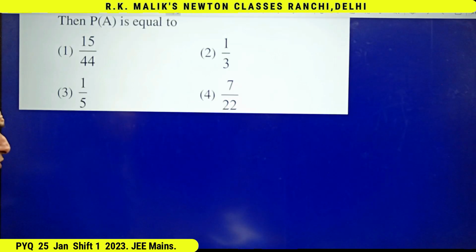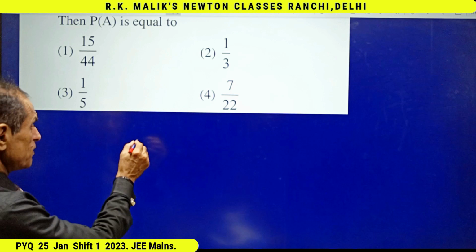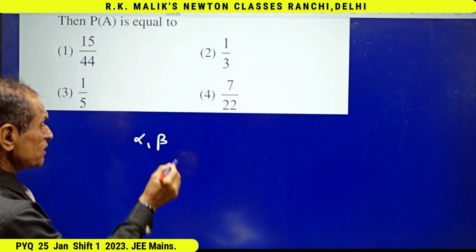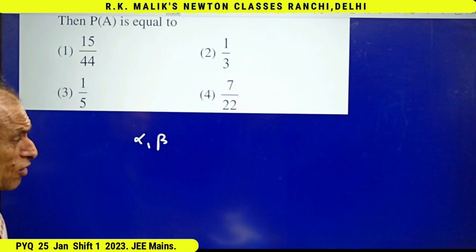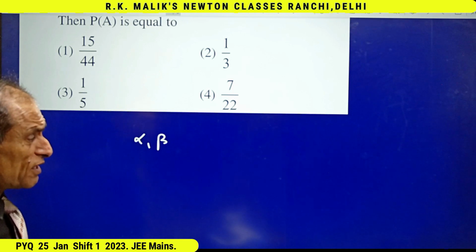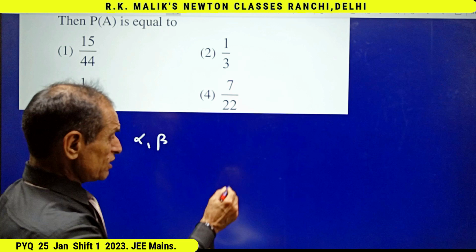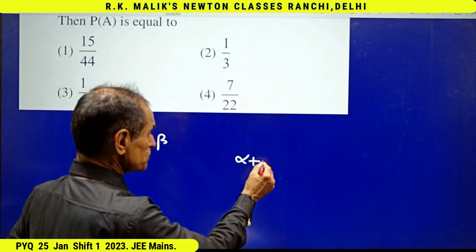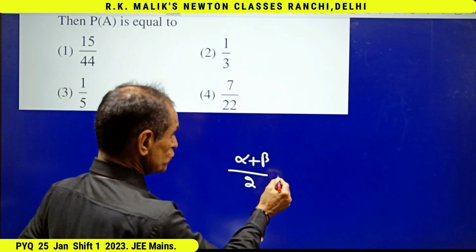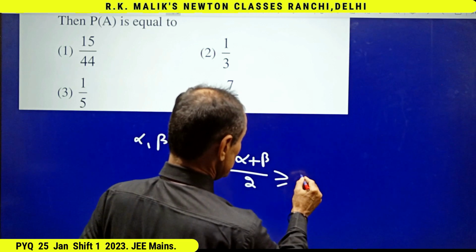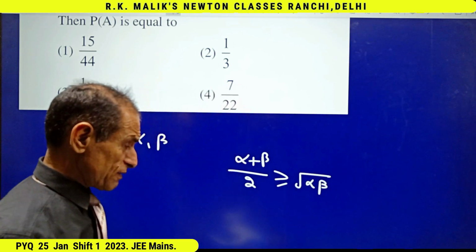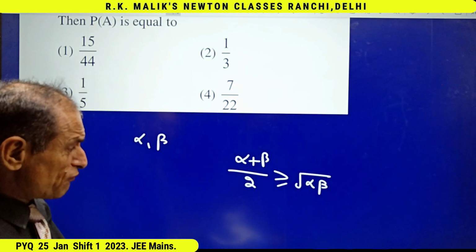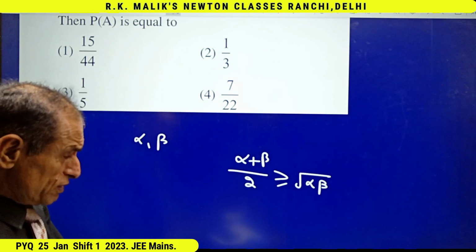You must know this concept that if alpha and beta are two positive numbers, then using the concept of arithmetic mean greater than or equal to geometric mean, we can easily say that (alpha plus beta)/2 is greater than or equal to under root alpha beta. Note that I am saying alpha and beta are two positive numbers.